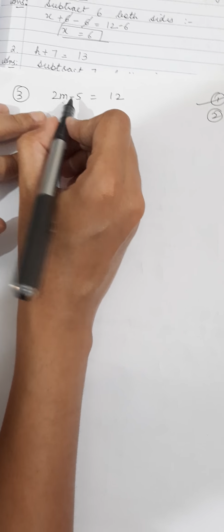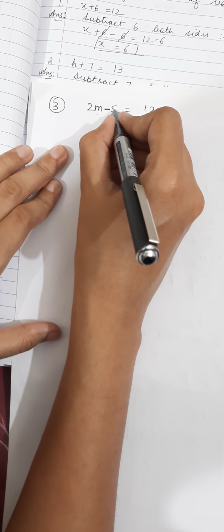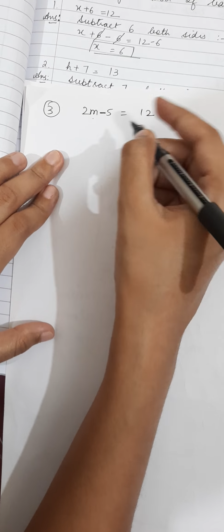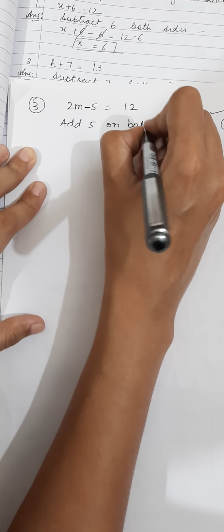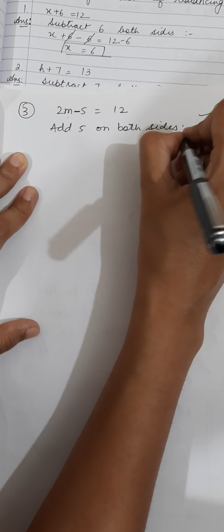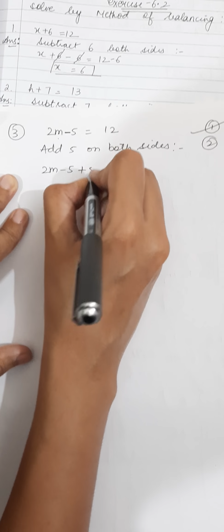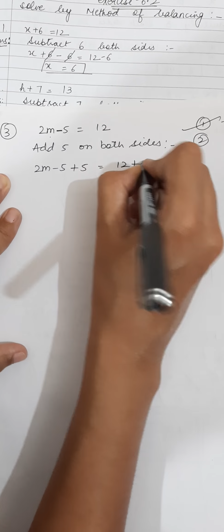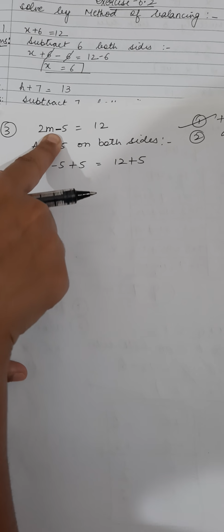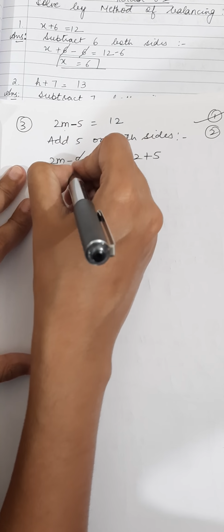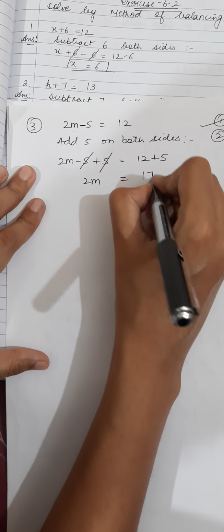First of all, this minus 5 I have to remove. Minus 5 is there, so I am going to add 5 on both sides. The same number you take but with a different sign. 2m minus 5 plus 5 equals 12 plus 5. I have added 5 because in the question I had minus 5. Now minus 5 and plus 5 cancelled. What came? 2m is equal to 17.